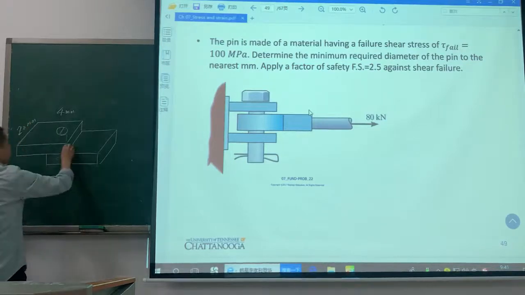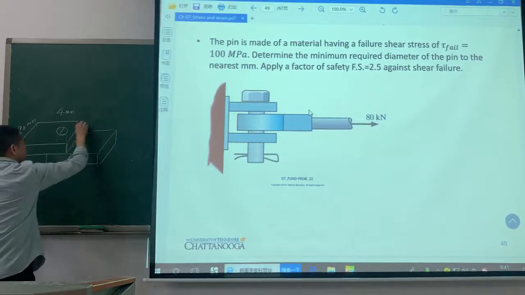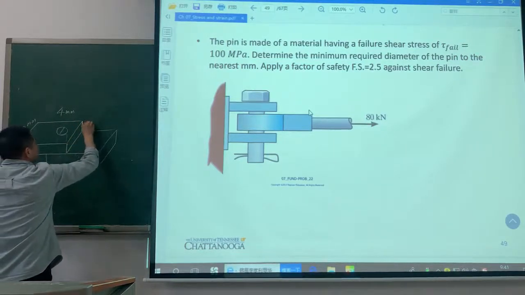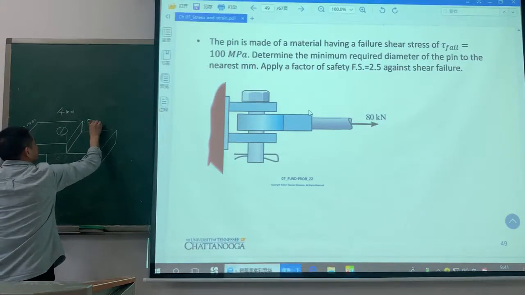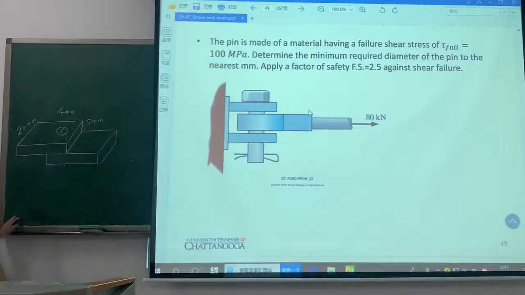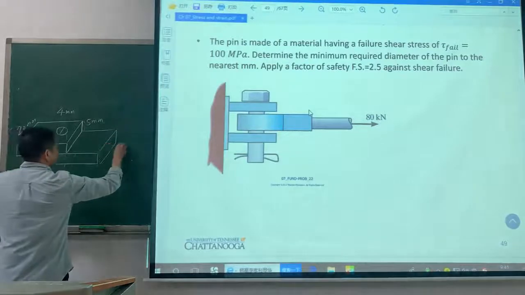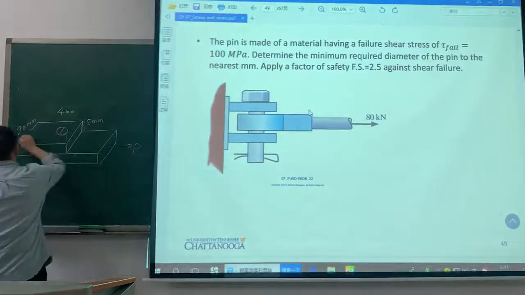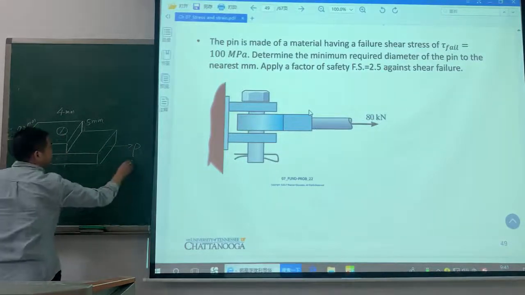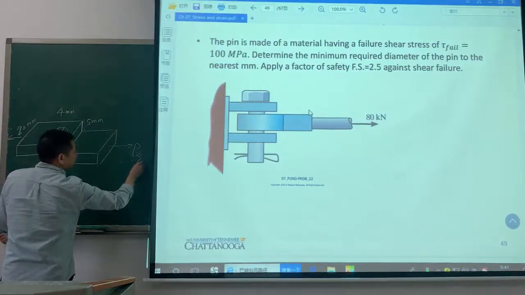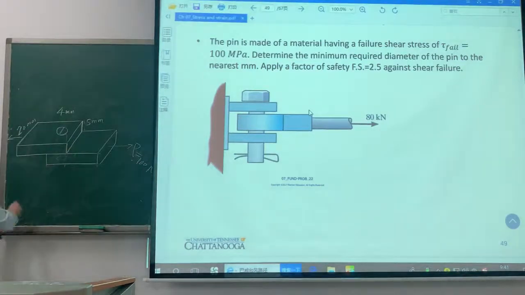The thickness is 5 millimeter. The length of the P is 100 Newton.